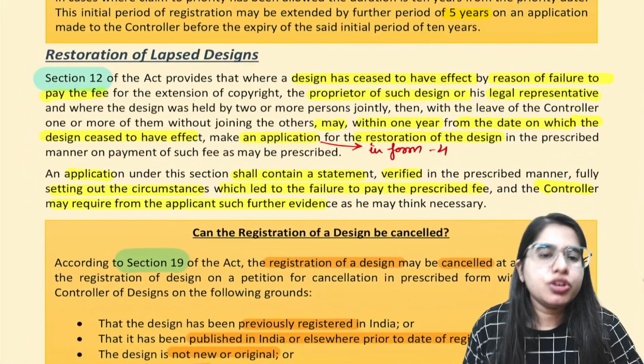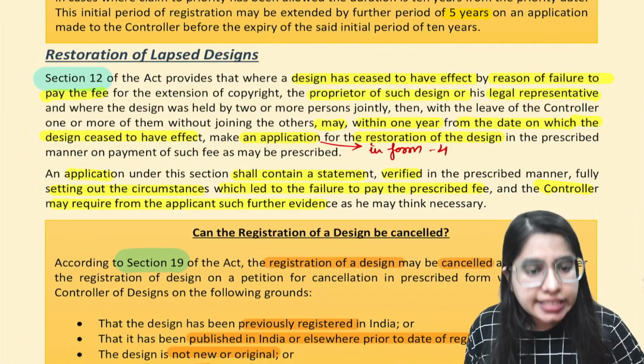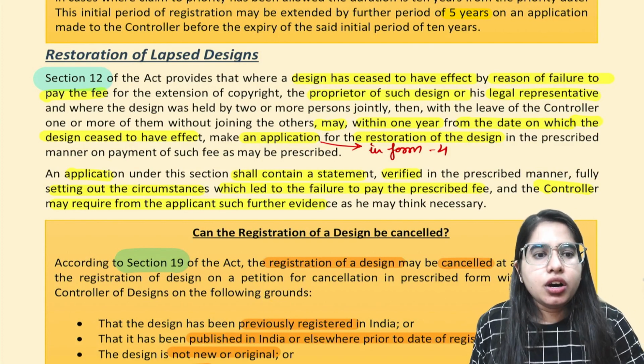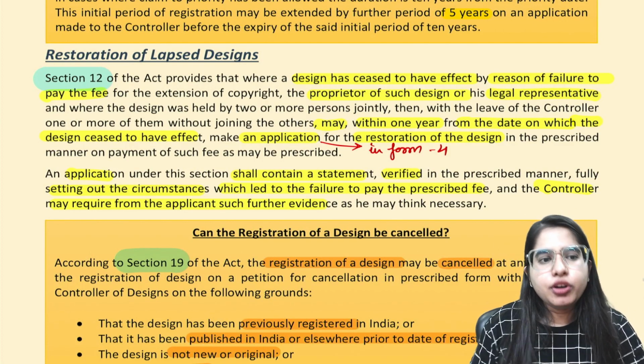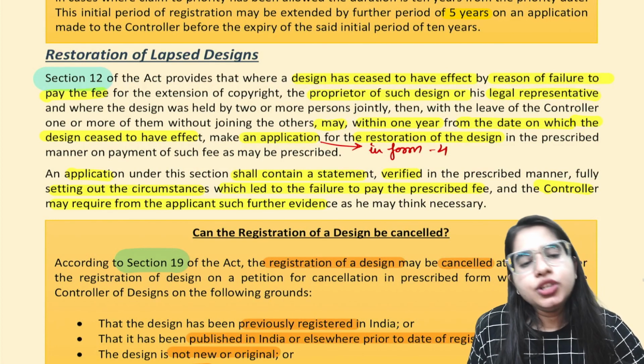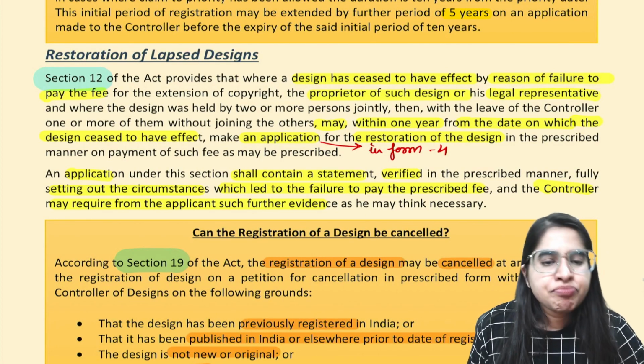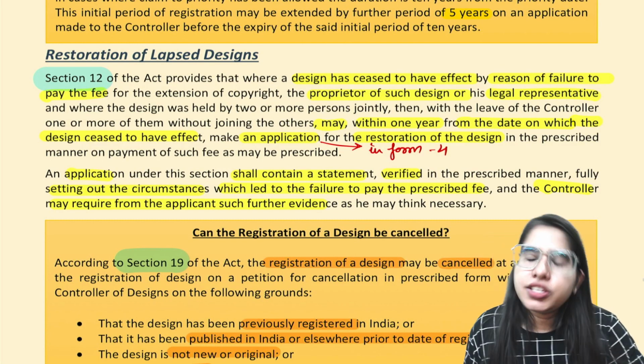Come here. Restoration of lapsed design. What if your design is lapsed because of any reason? If your design is lapsed, then you can apply for the extension. You can apply in form 4.